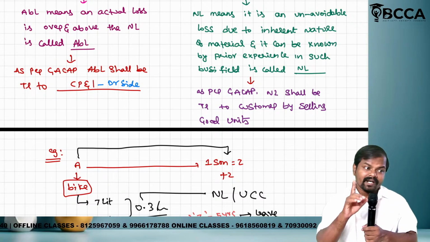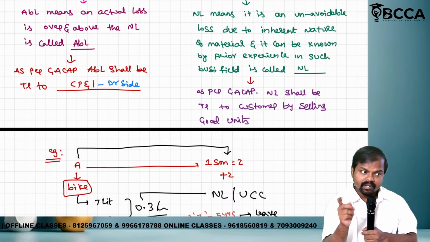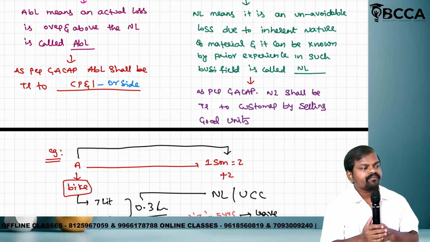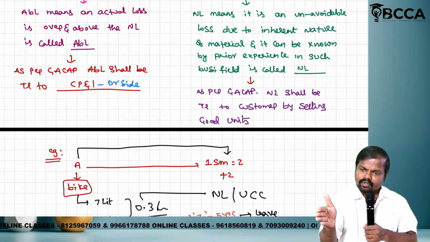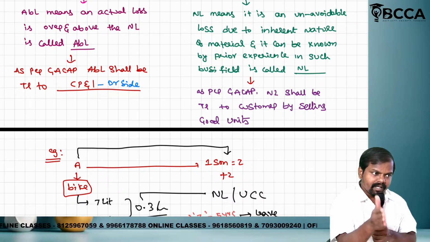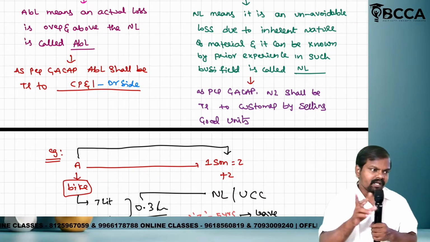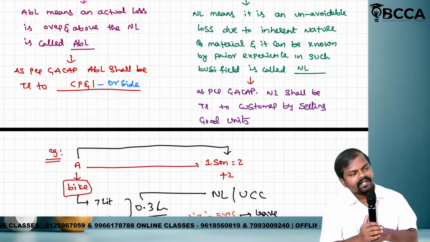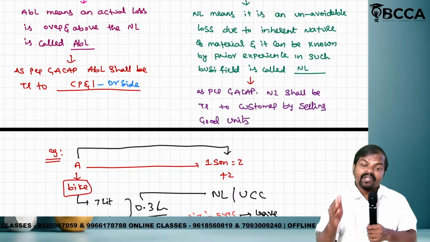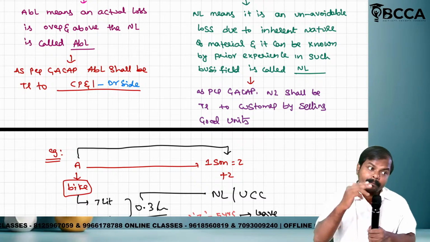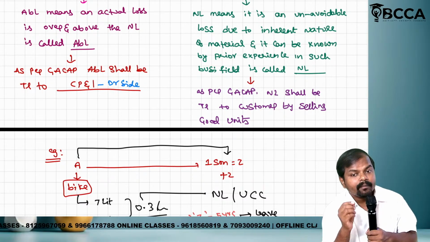What is meant by abnormal loss? We have to check input and output. The difference will be referred to as actual loss. Actual loss should be compared with normal loss. If your actual loss is beyond the normal loss, it is called abnormal loss.